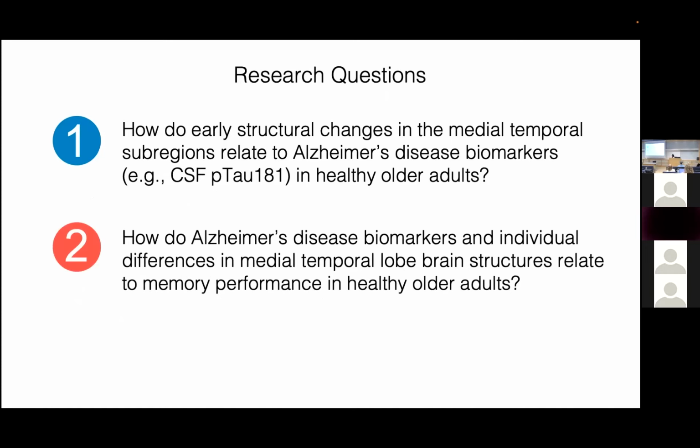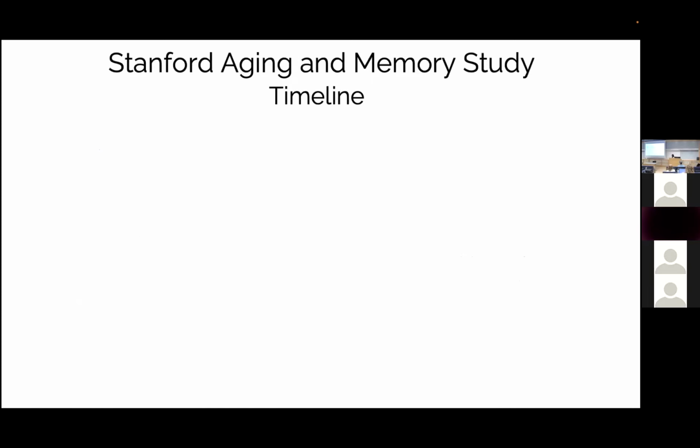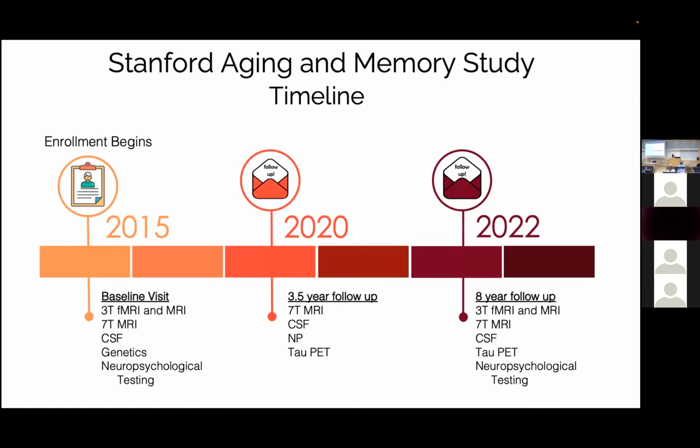The second question is, how do these biomarkers and individual differences in volume predict memory performance in this preclinical population? Just to talk about the participants a little bit, in our baseline visits we have 200 cognitively normal older adults that did high resolution 3T fMRI and MRI. We also did 7T on all of these participants, CSF, genetics, and neuropsych.